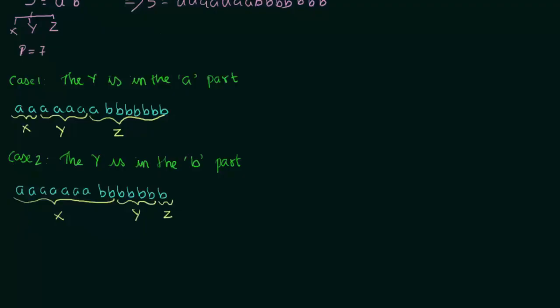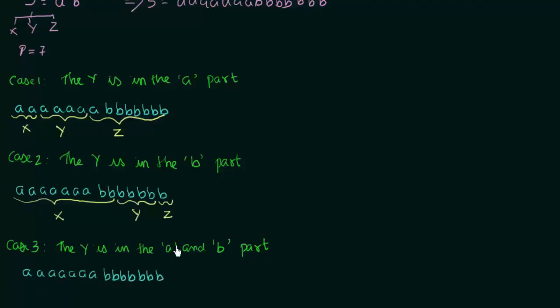Now case number 3, there is one more case that we can have. Case 3 says that the y is in the a as well as b part. Now how is this? I hope you already guessed it. It is like this: 1 2 3 4 5 6 7, 1 2 3 4 5 6 7.